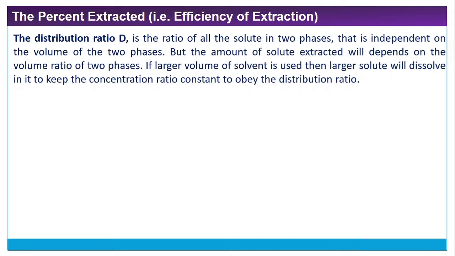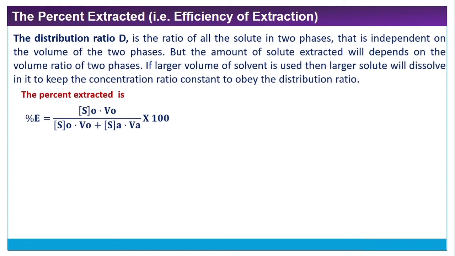The fraction of the solute extracted is equal to the millimoles of the solute in the organic layer divided by the total number of millimoles of solute. The millimoles are given by the molarity multiplied by the milliliters.